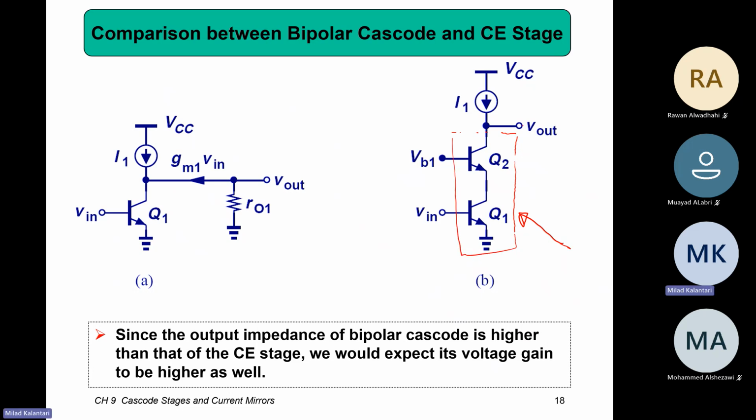This is the box that we want to calculate the gain for. Here we have the input, here we have the output. What is the procedure to do so?